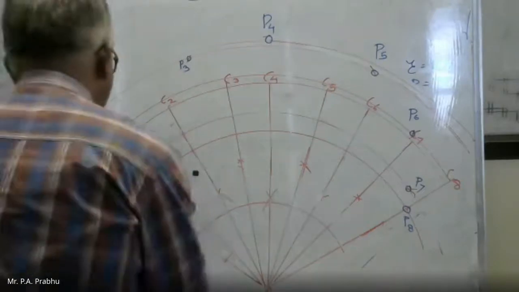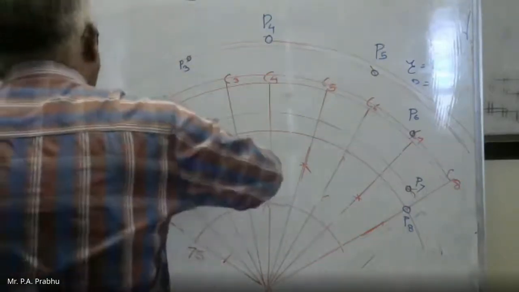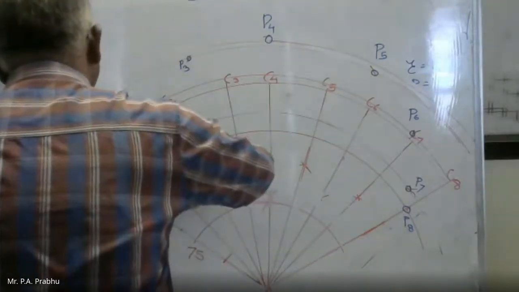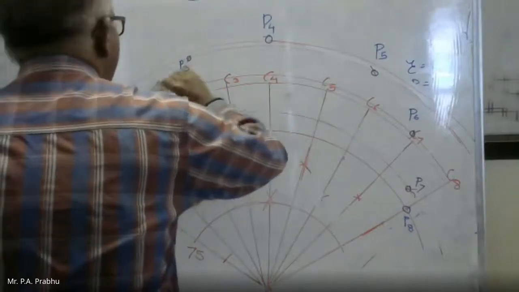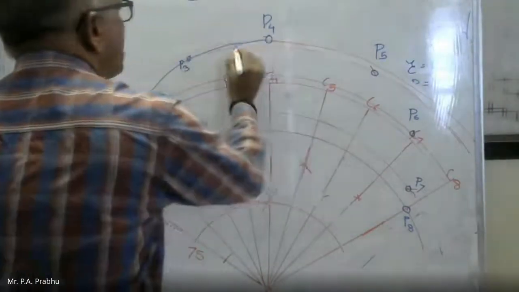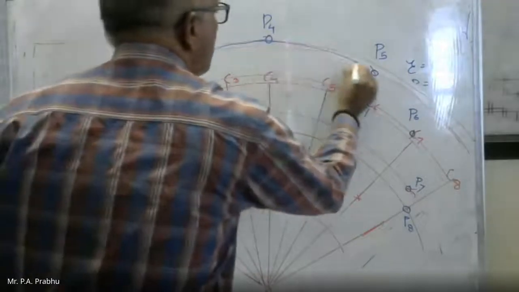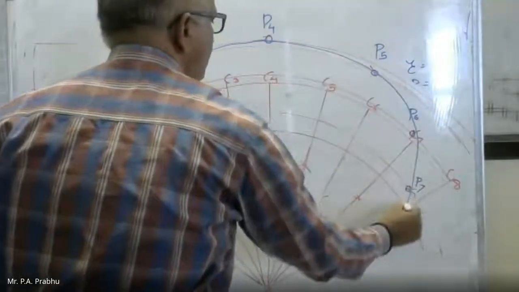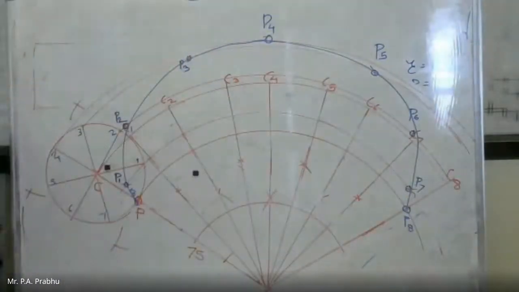So draw a smooth curve passing through all these points. Okay, so this is the nature of an epicycloid curve. So this is epicycloid.